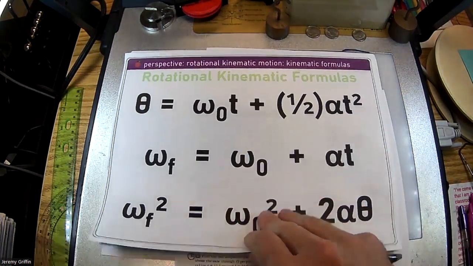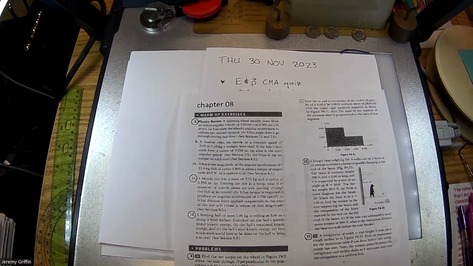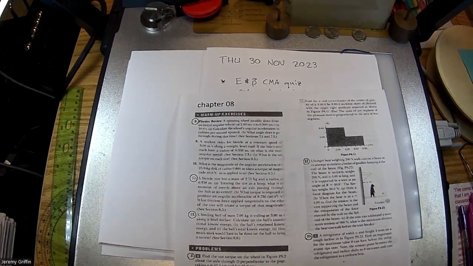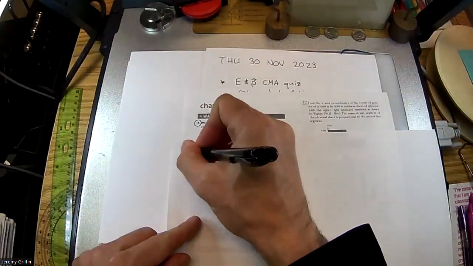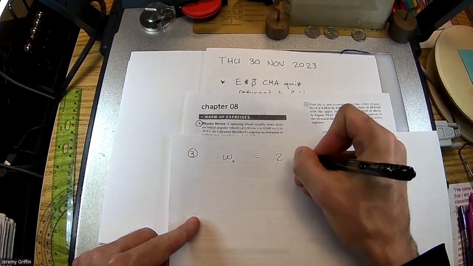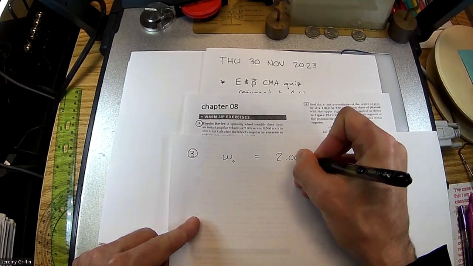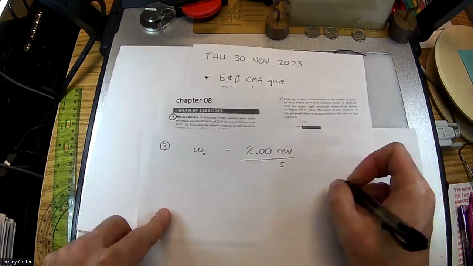Before I plug anything in though, they gave us weird units. Did you guys notice that we have to convert the units first, right? They gave us revolutions per second, and we want probably radians per second. So number 3, I got omega initial. They gave us 3 sig figs, right? Revolutions per second, but we don't want that.